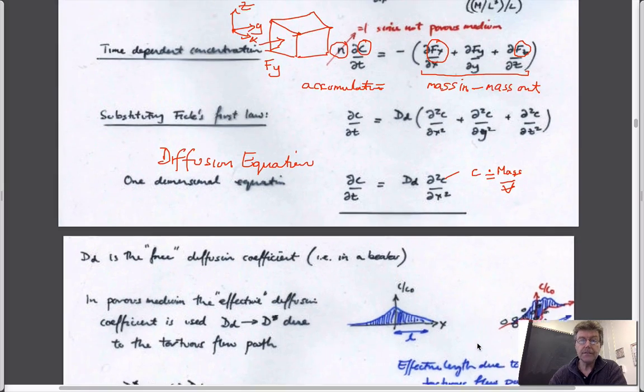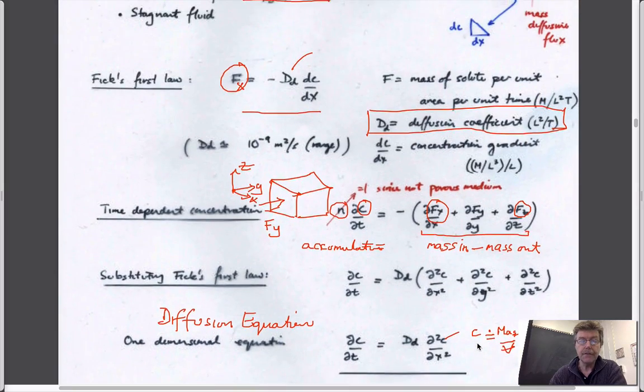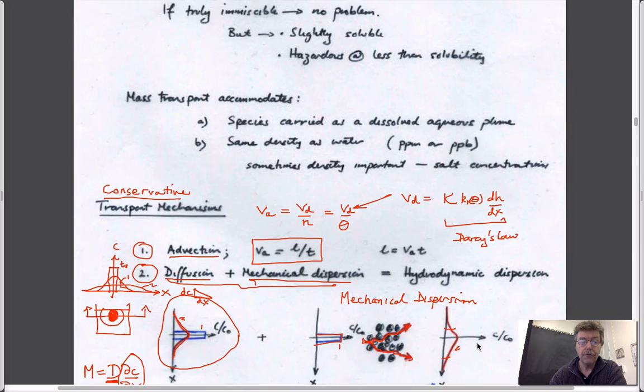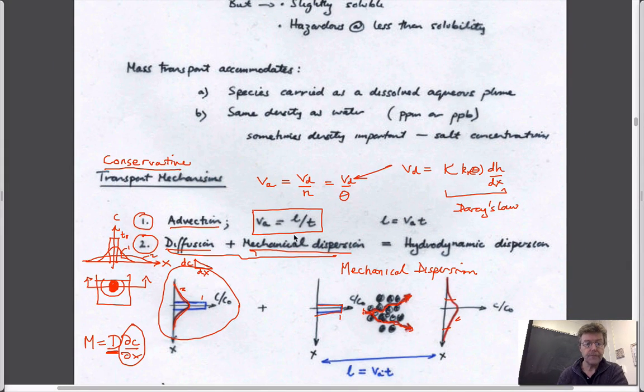The one thing we should back up and say something about is that we talked before about doing this for a beaker which was filled with water, in which case the diffusion coefficient would be the value of the diffusion coefficient for that compound in water on its own.